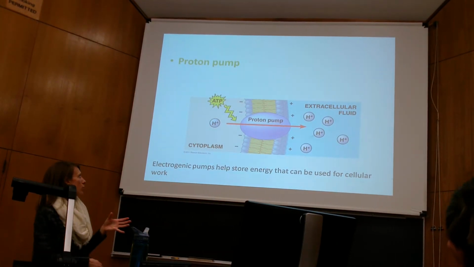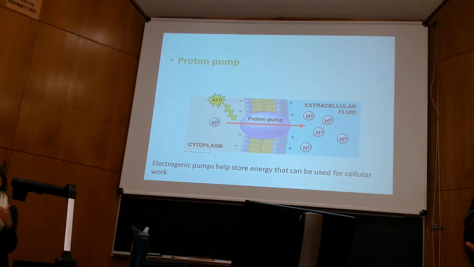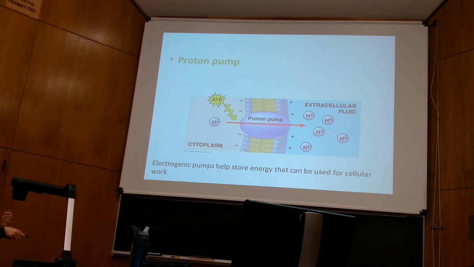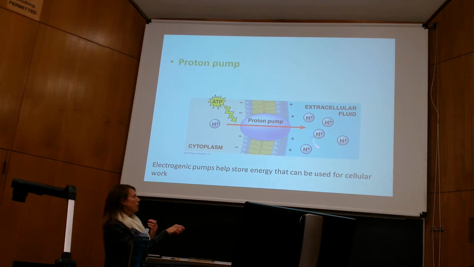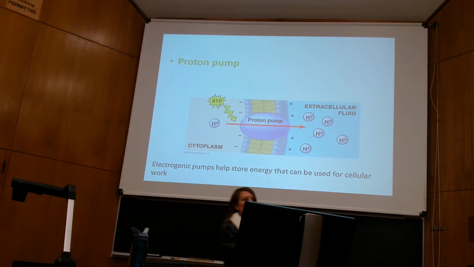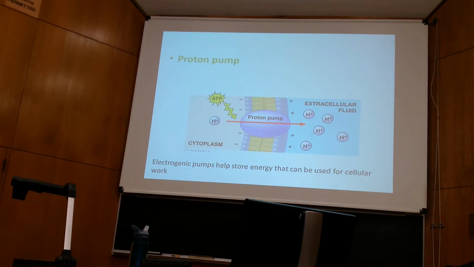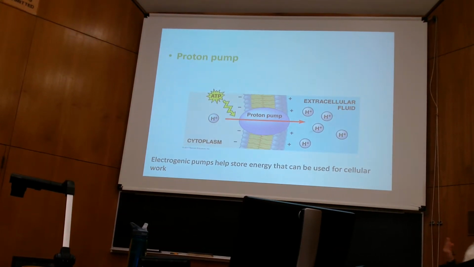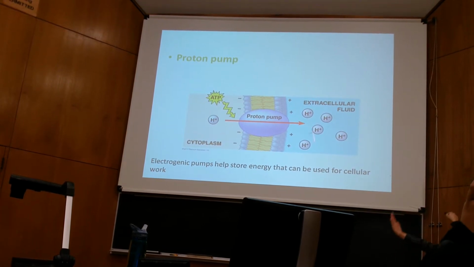The reason this is important, not only in our nerve cells to conduct signals to each other, but we have a potential energy here. If we have all these positive charges out here and all these negative charges, which way is a hydrogen ion naturally going to want to move? Toward a negative charge or toward another positive charge? Toward a negative charge, right? So you have this voltage, this potential energy built up because you have two different charges inside and outside of the cell.